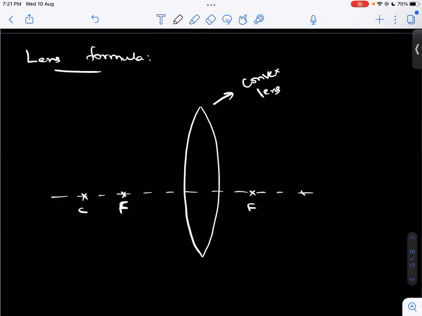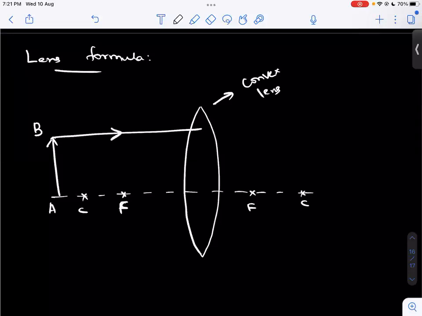Similarly, you have the focus and the center of curvature on the other side. If you place an extended object AB beyond the center of curvature, then a ray considered parallel to the principal axis, after refraction, would pass through the focus.